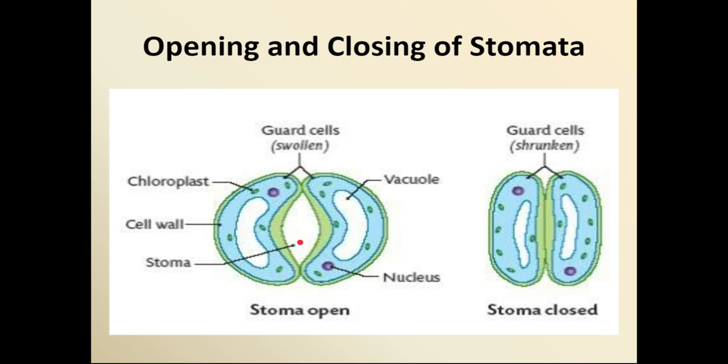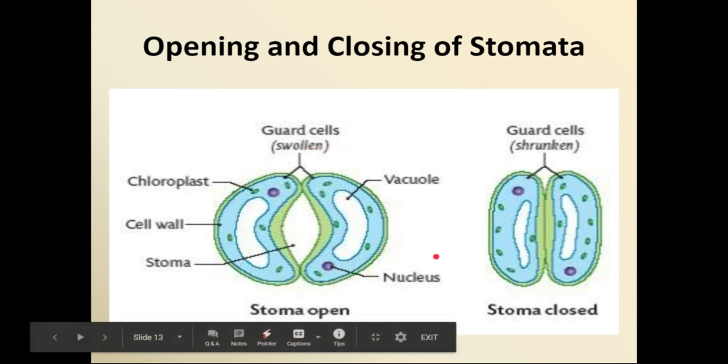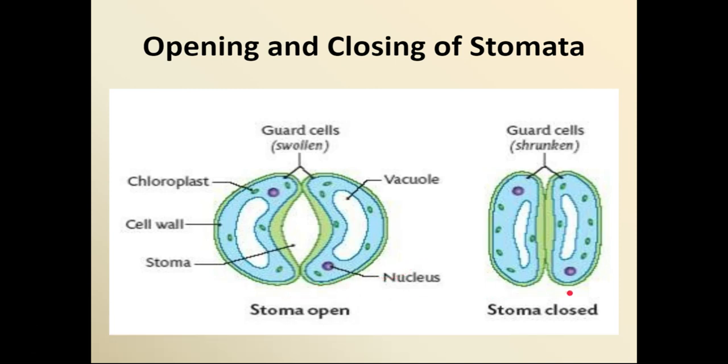These are the open ones, and from the open stomata only there will be gas exchange. CO2 will be absorbed for the process of photosynthesis, and O2 will be released as a byproduct of photosynthesis, as we have discussed in the equation as well. Okay, you have to learn and memorize this diagram in a very holistic manner for CBSE board preparation.